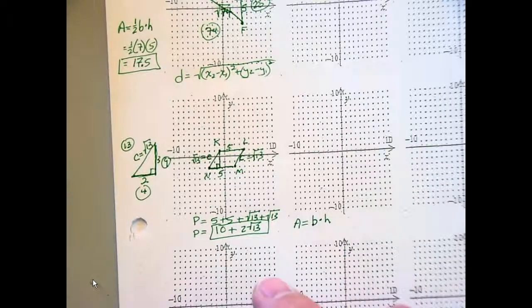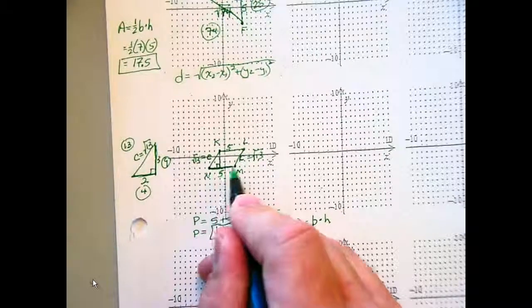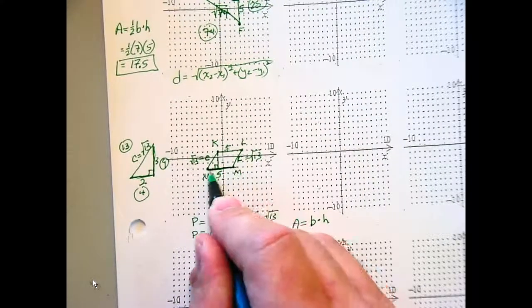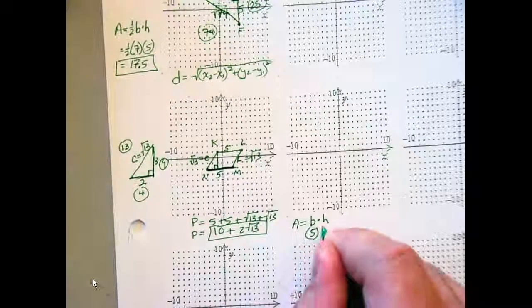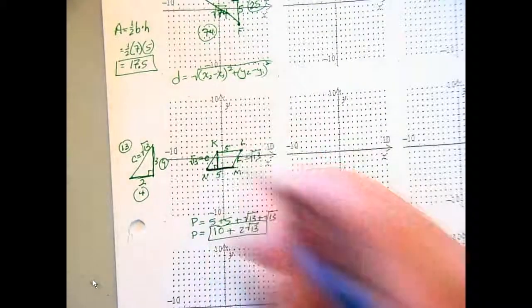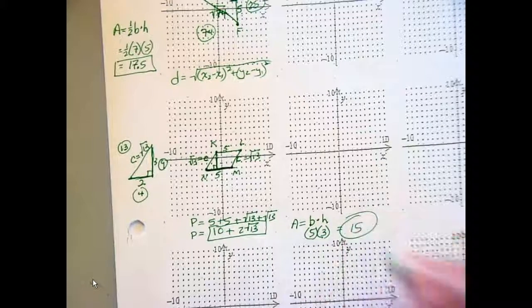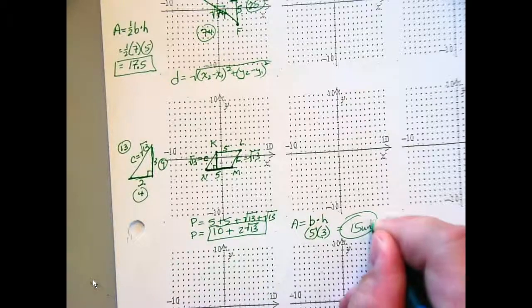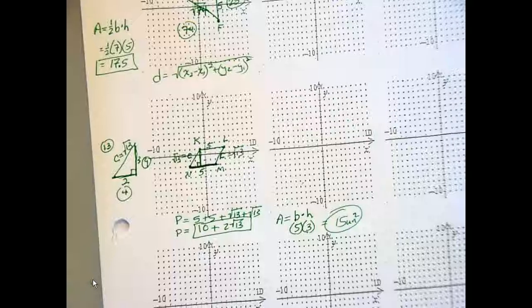Yeah, Drew? Yep. So we'll go base is a length of 5. And our height is 3. So our answer is 15. Yeah, and it would be square units, but we haven't really looked at labels yet today. Okay, any questions?